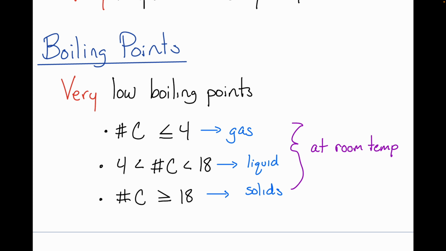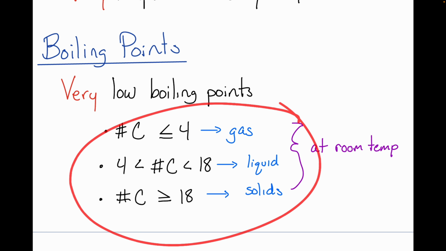And 18 carbons is a crap ton, right? So most of our alkanes are either gases if they're on the smaller end or liquids if they're on the larger end. All right?